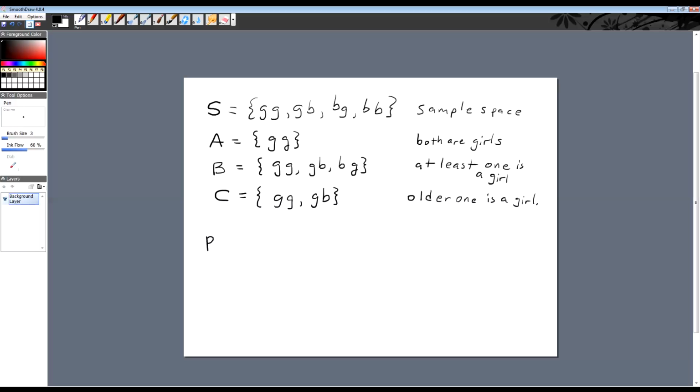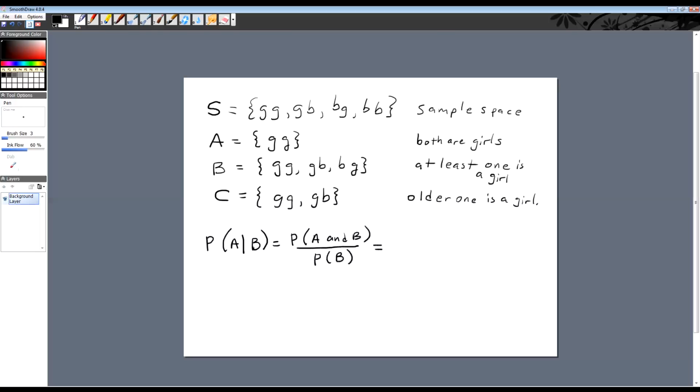So the probability of A, that both are girls, given B, at least one is a girl, is defined as the probability of A and B divided by the probability of B. Now, this is written out in the text, but I'm just going to repeat it here.